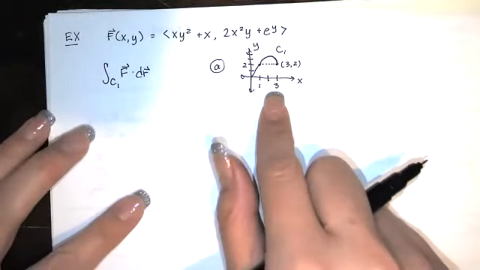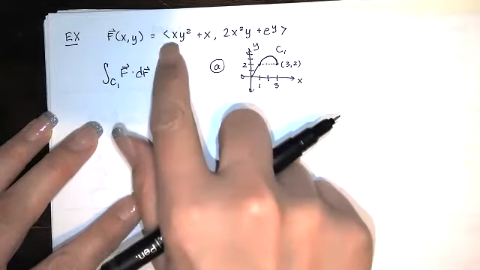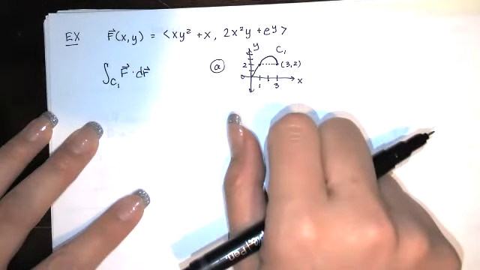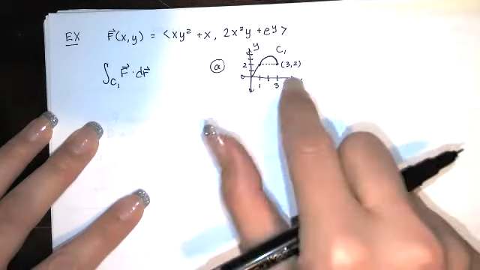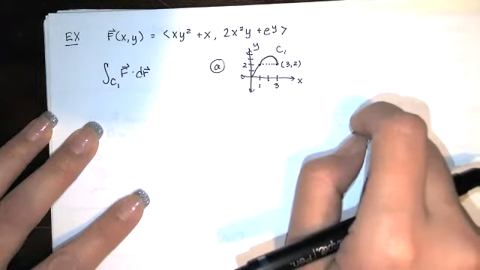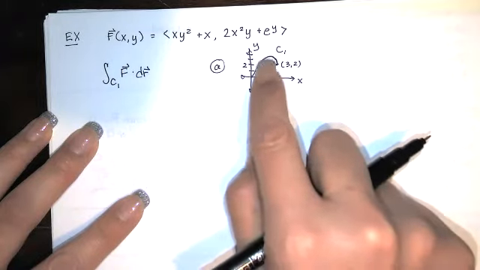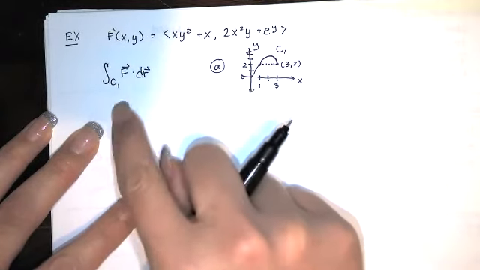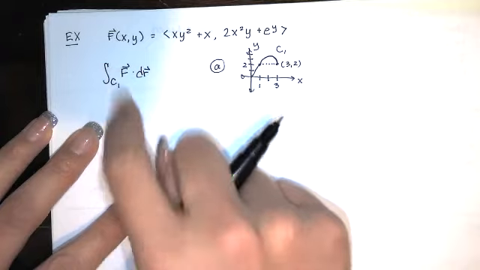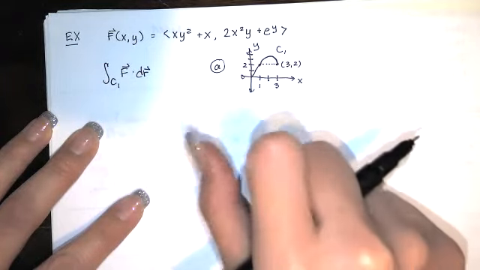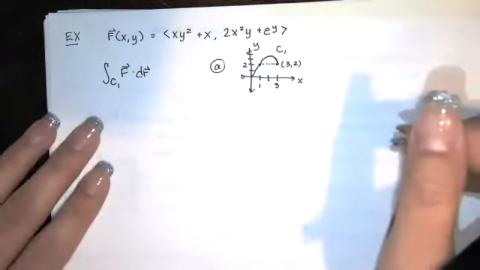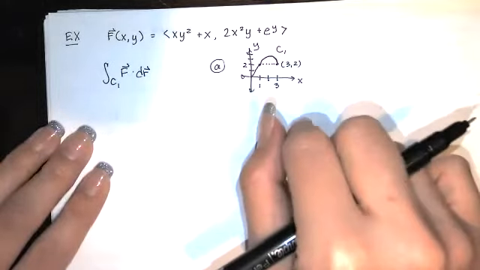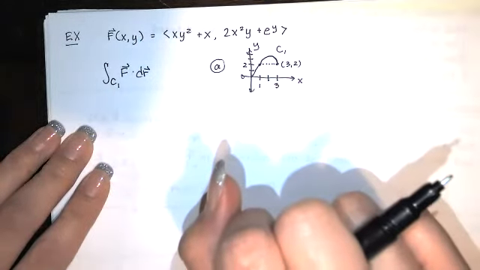I have to evaluate this in terms of t, given my parametric representation of x of t and y of t. I'm going to take a dot product, and then integrate from t equals a to t equals b. And since we've got two pieces, we have to do that twice, then add them together. That's what we would have to do if the field is not conservative.